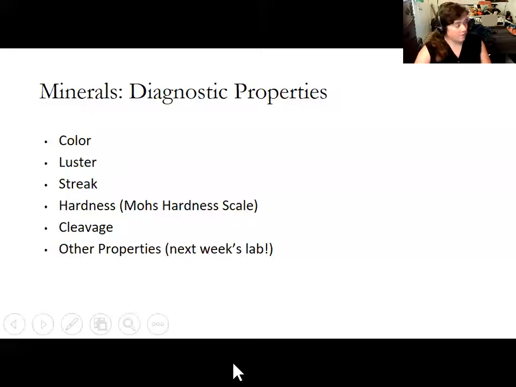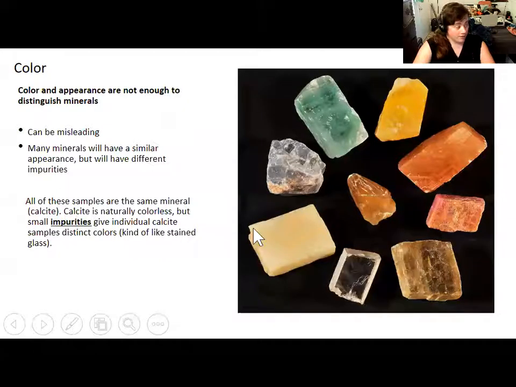And next week's lab, we will go over some of the other properties that are helpful for a few specific minerals. These first 5 are going to be useful for most minerals. They are useful in varying degrees. Cleavage is actually, in general, one of the most useful properties because it relates to crystal structure and tends to be very diagnostic. So we'll start with the color of minerals, which actually is not always very helpful.